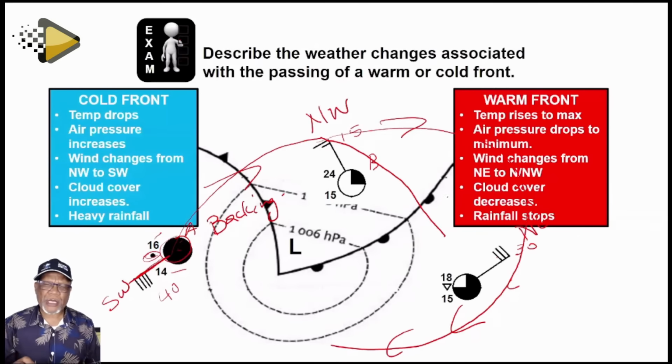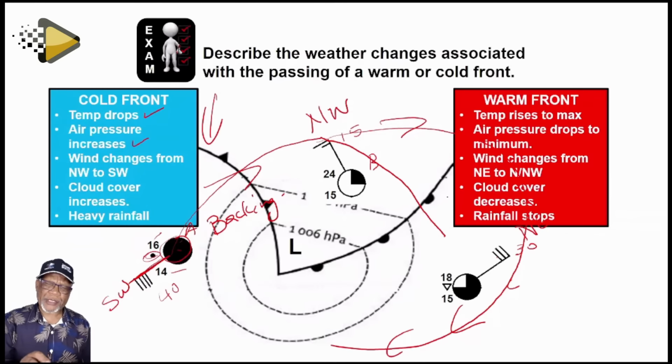Now, what happens when the cold front comes? Temperature will drop. When temperature drops, air pressure is going to increase. What makes the air pressure increase when the temperature drops is because cold air is heavy. Because it is heavier and denser, it is going to subside, and when it subsides, it creates higher pressure.